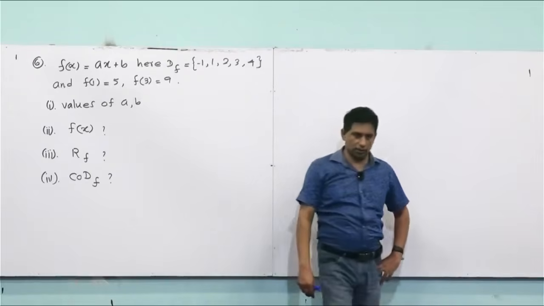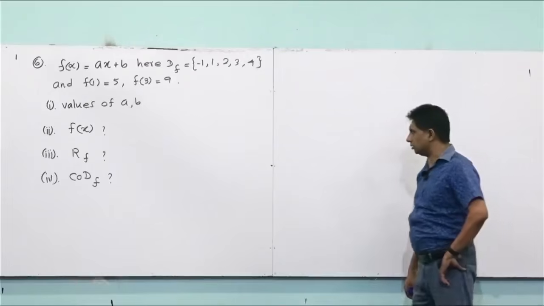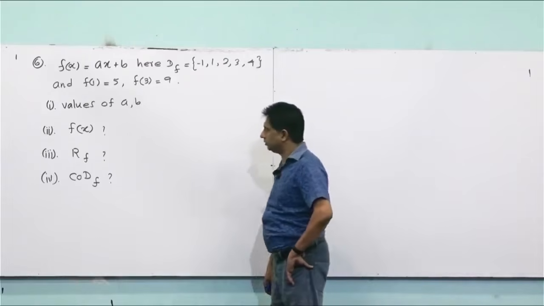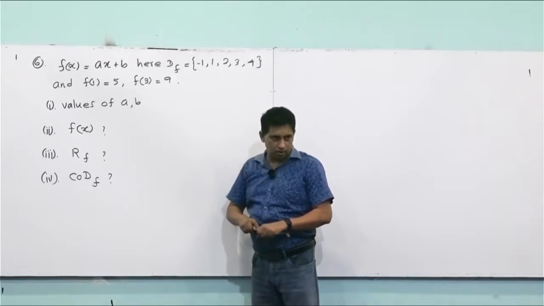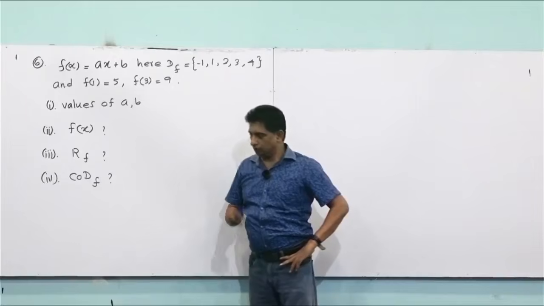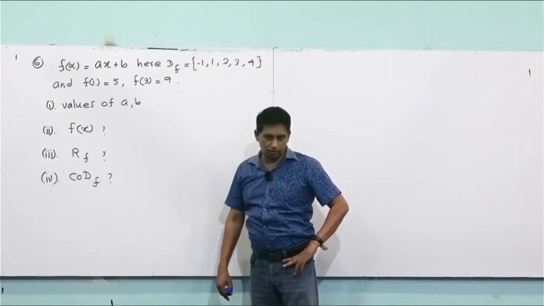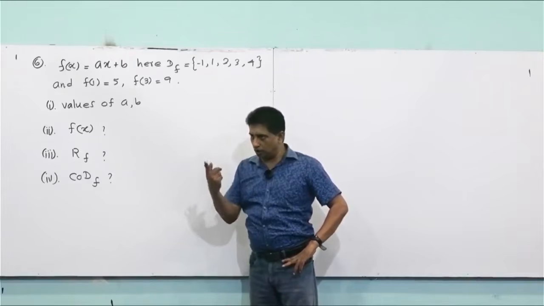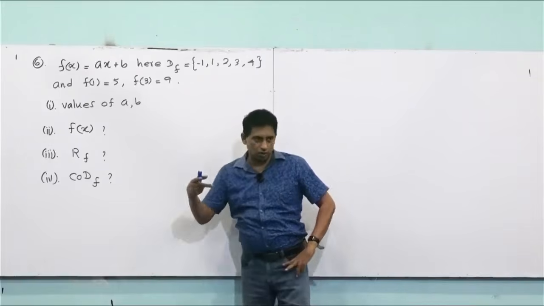Okay, now listen to me. There is a good mathematical point here. If we want to find two unknowns, we have to take two equations. Without two equations, we can't find two unknowns. If there is one unknown, we need one equation; if there are two unknowns, we need two equations.